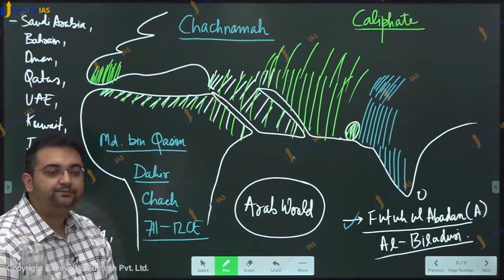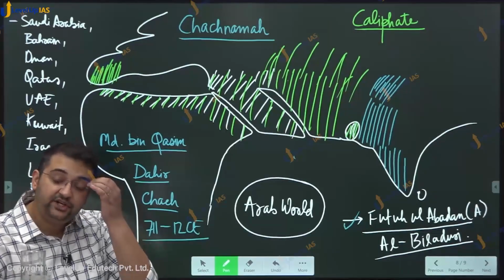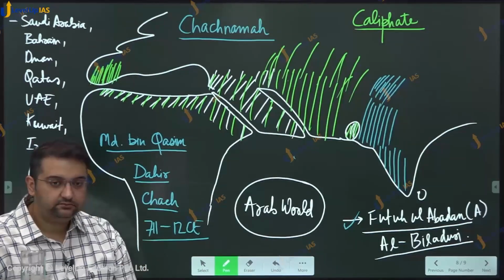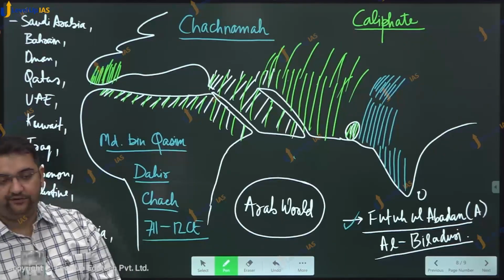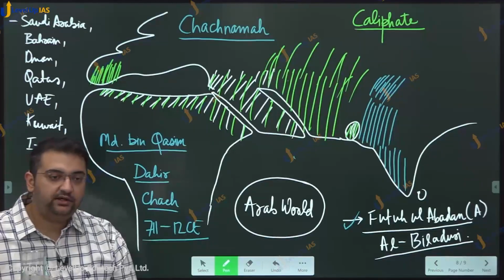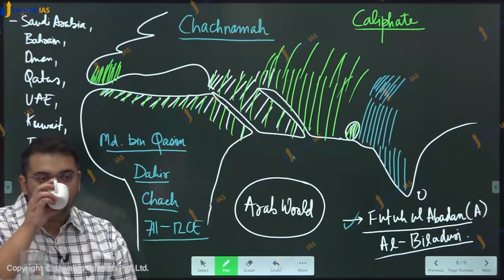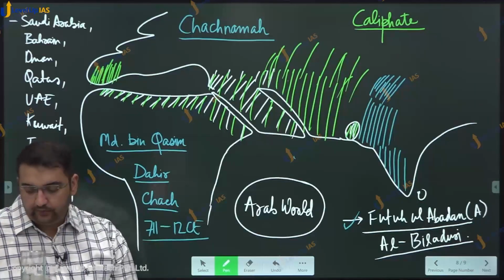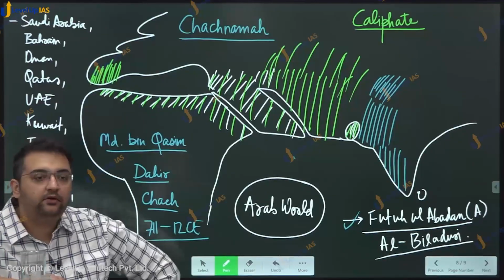Next main point. With the advent of Islam, the mutually beneficial trade relation continued in the initial phase. Full stop.